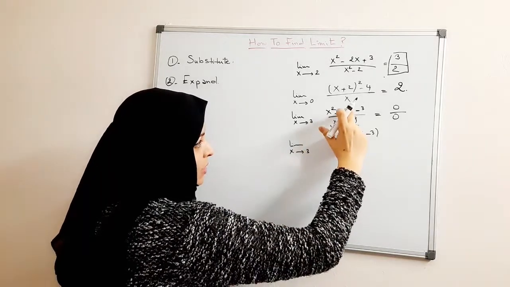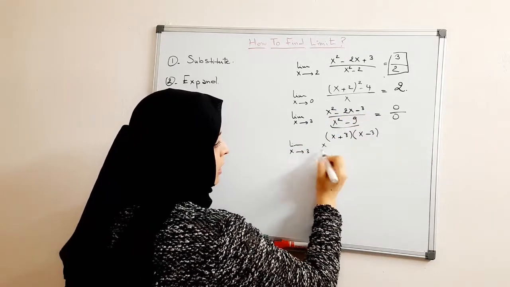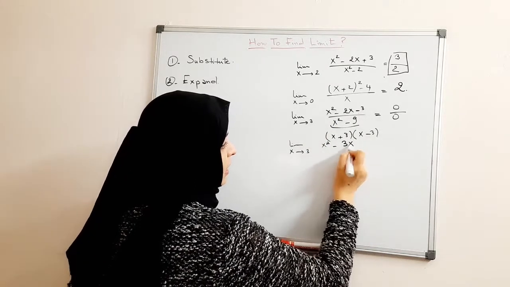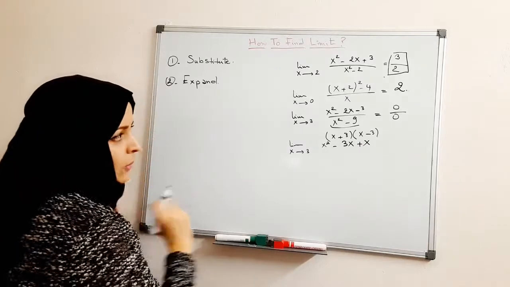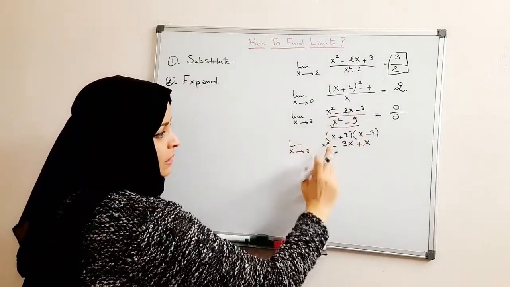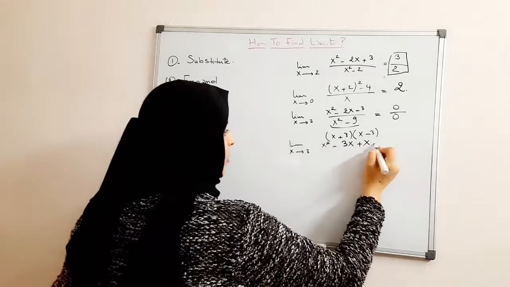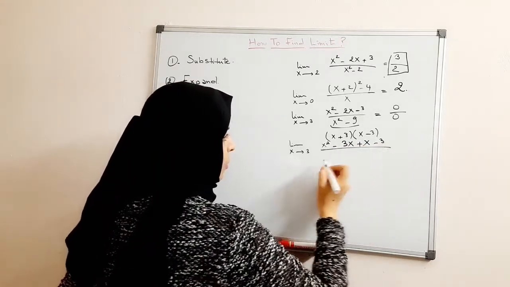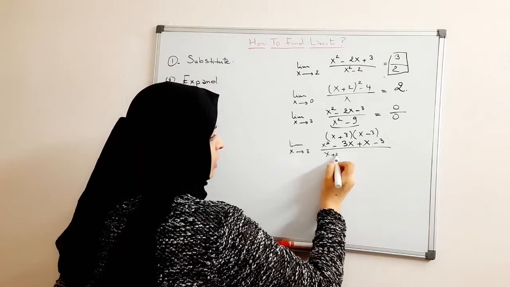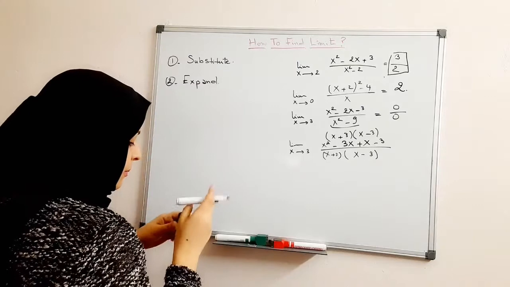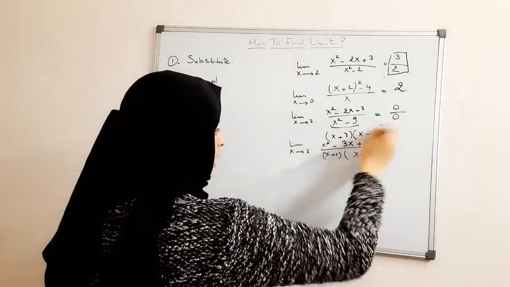This minus 2x, we will try to write it as x squared minus 3x plus x, minus 3, over (x plus 3)(x minus 3), right?